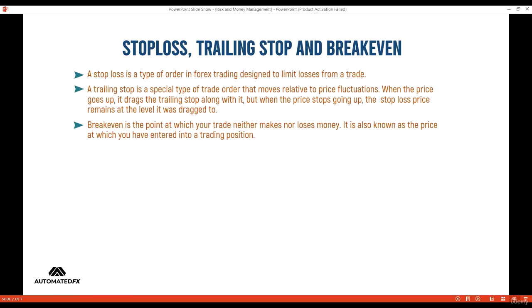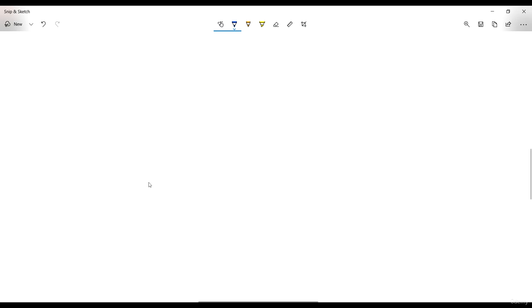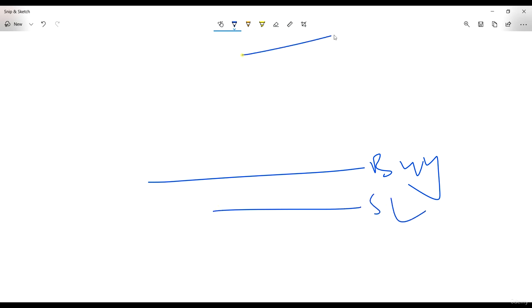And then for the third one, we have the break even. This is another method of trade management. The trailing stop is trade management, and the break even is trade management also. For the break even, let's say we have our buy here, with a stop loss and a TP.